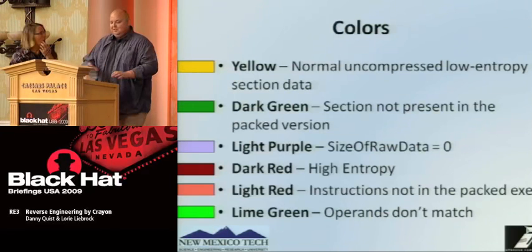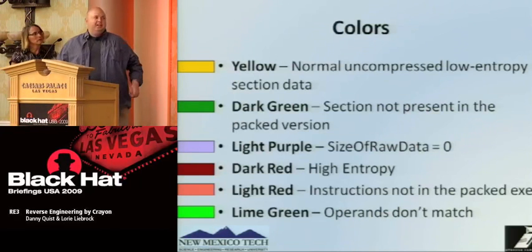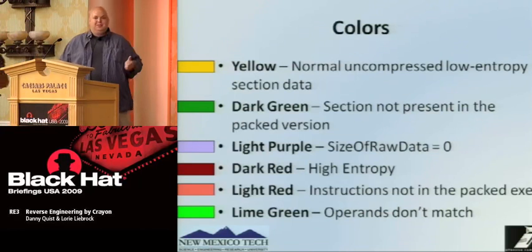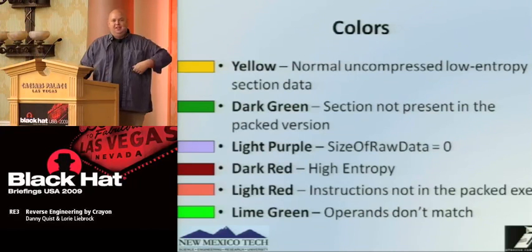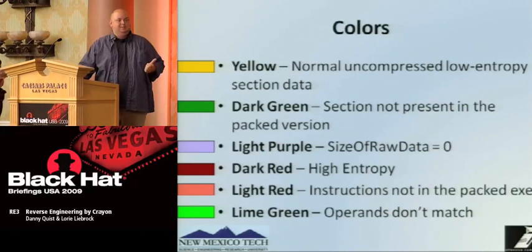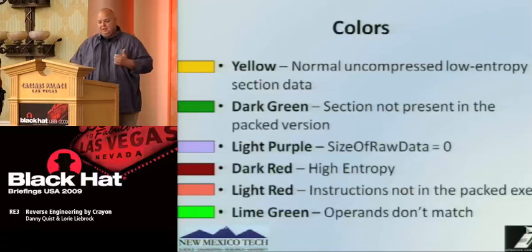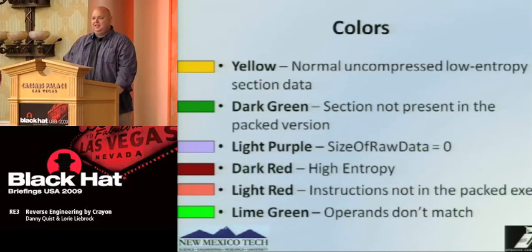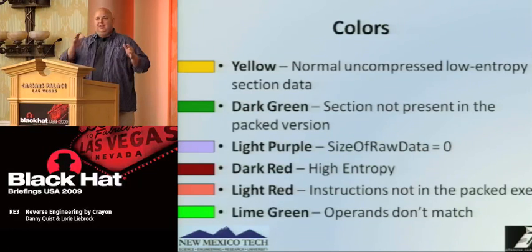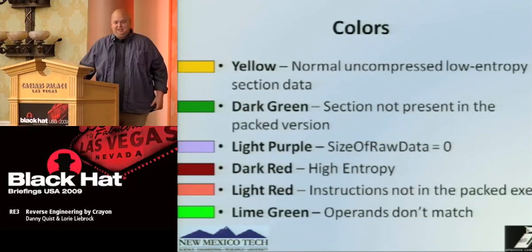Okay, so identifying the portions of the executable that are interesting is what we're trying to do. So this is specific to the finding OEP problem. Each one of these colors is based off of two views. The first one that we're going to look at is the dumped file that exists in memory, and then what it relates to inside of the packed file, because the memory addressing should be fairly similar.